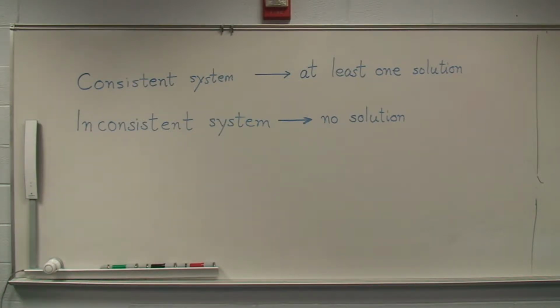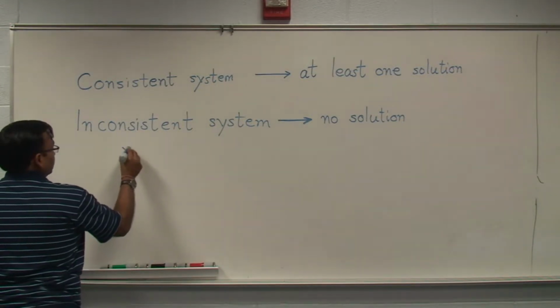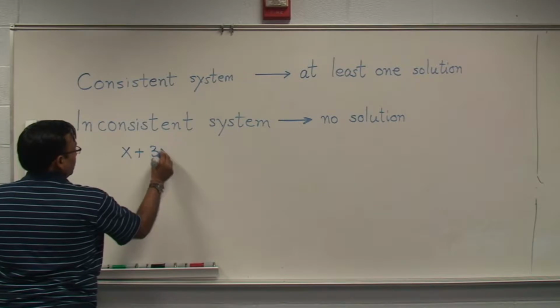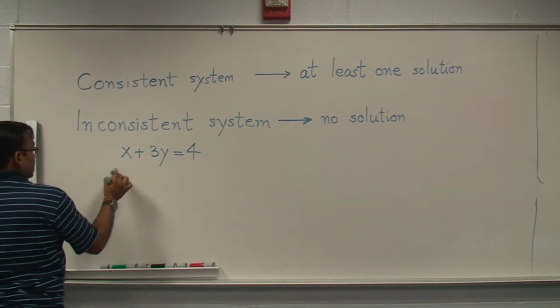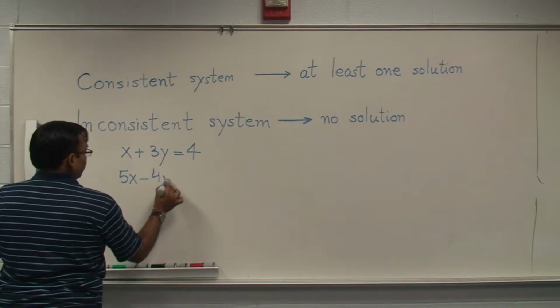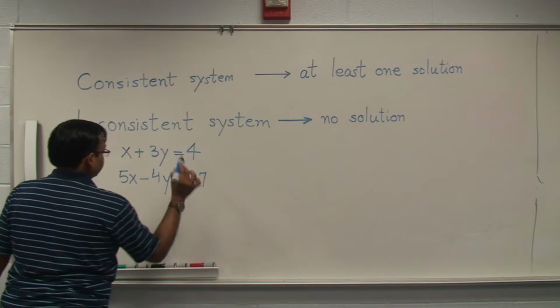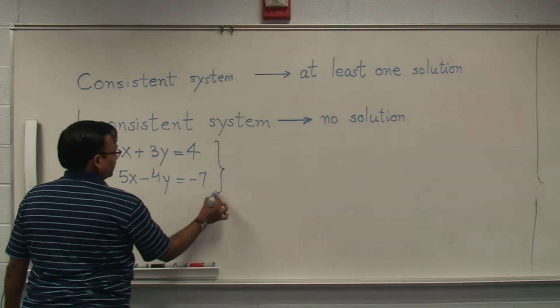Okay, so let me start with a simple example of a system. So let's say we have x plus 3y is equal to 4 and 5x minus 4y is minus 7. Okay? Remember what we did? We said suppose we have a system of equations like this.